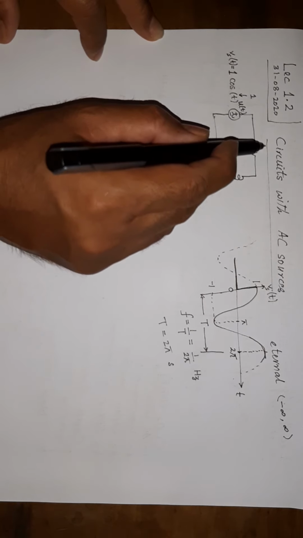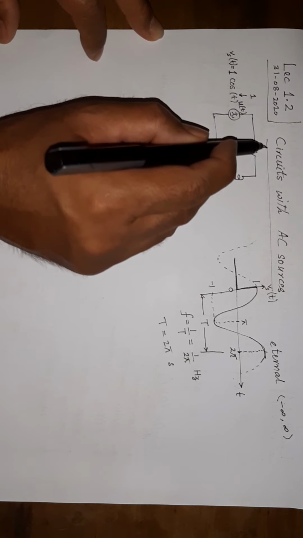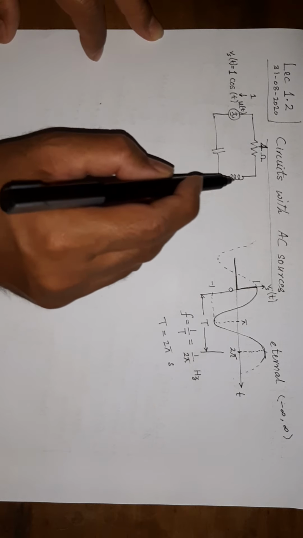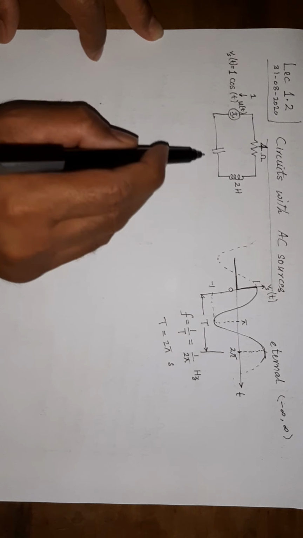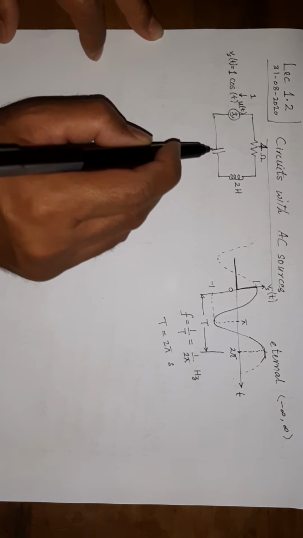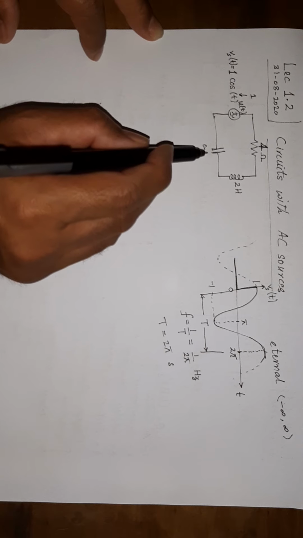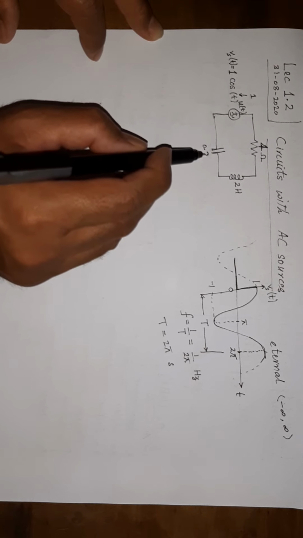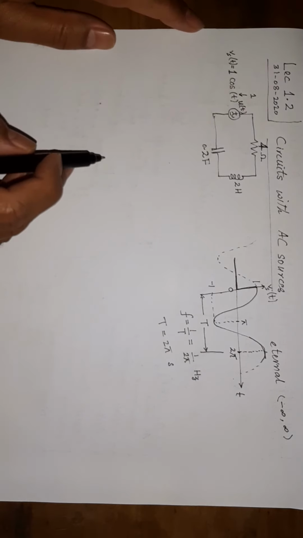Suppose this is a value of 1 ohm, or let us for generality take it a resistor of 4 ohm resistance, and let us say this is a 2 henry inductance or inductor, and this is a say 0.25 farad capacitor.